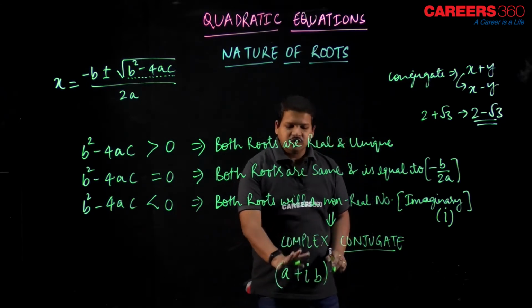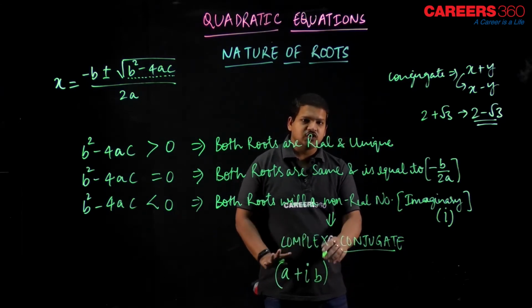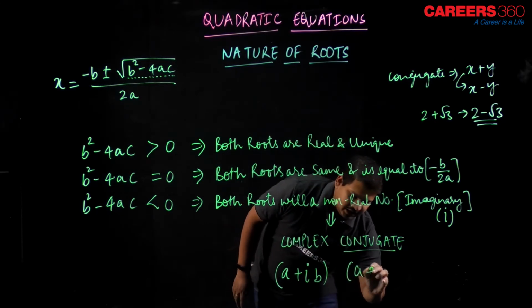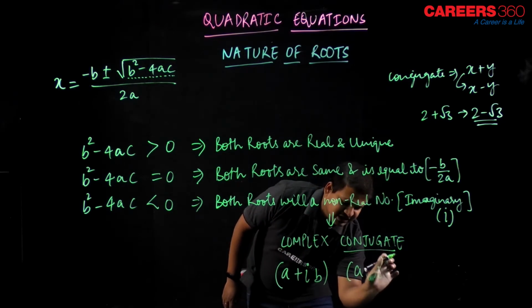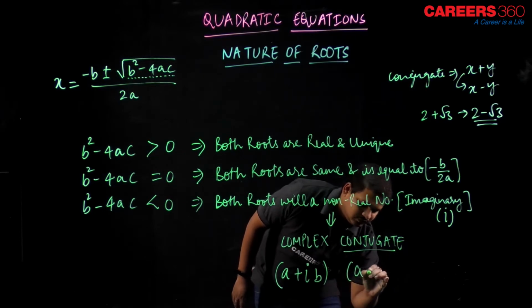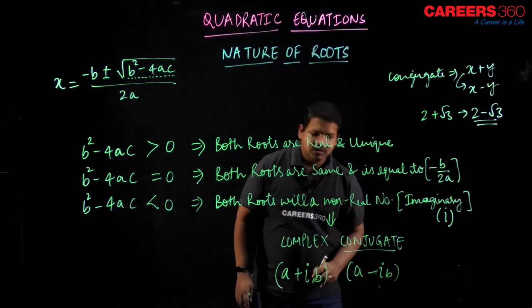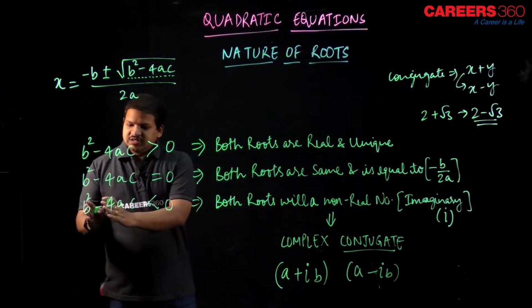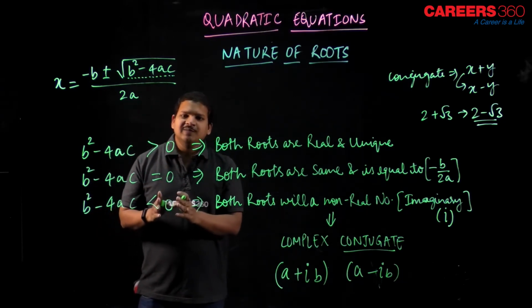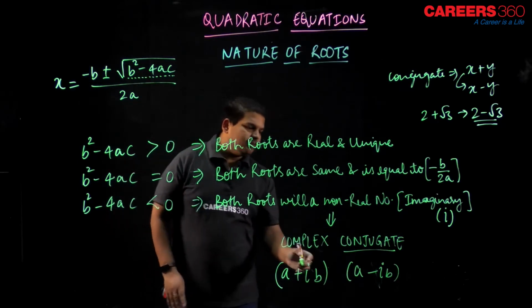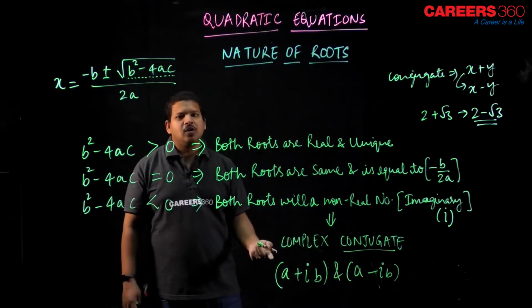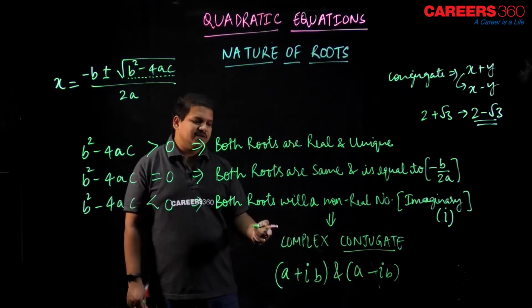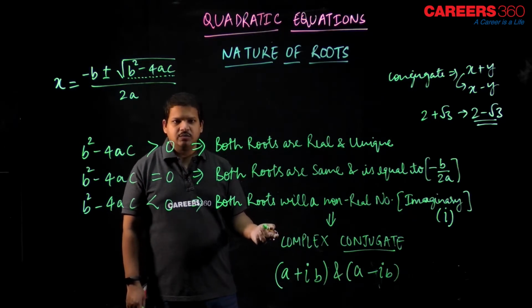A plus iota b is a complex number, so its complex conjugate will be a minus iota b. So whenever b square minus 4ac is a negative number, both roots will be complex conjugates of each other, that is, a plus iota b and a minus iota b, right?